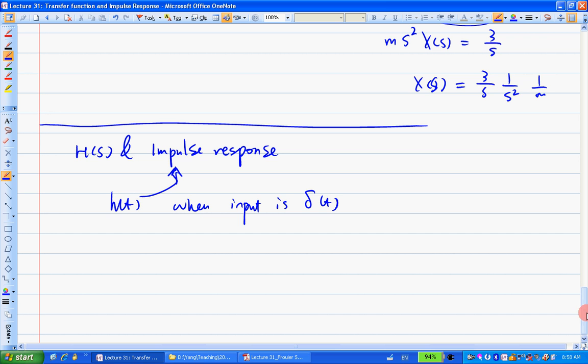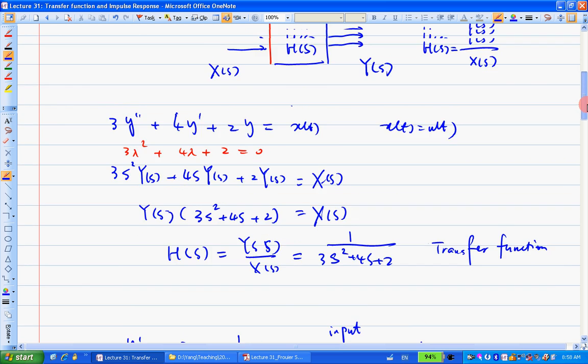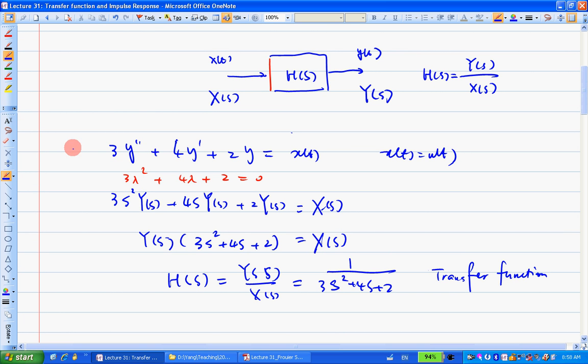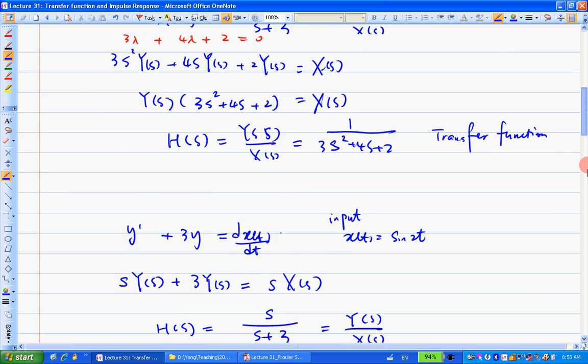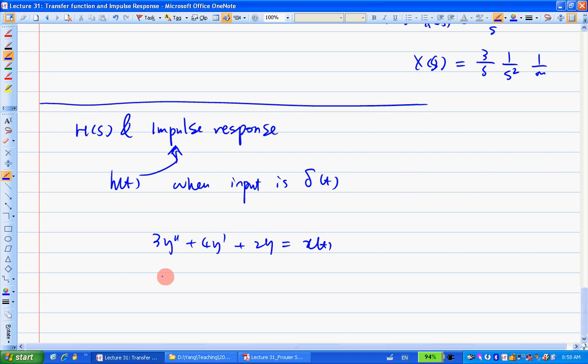So when the input is delta(t), the output is called the impulse response. Now I'm going to go back to a specific example to illustrate my idea. Let's say this is my system. We know that for this system we can derive the transfer function.